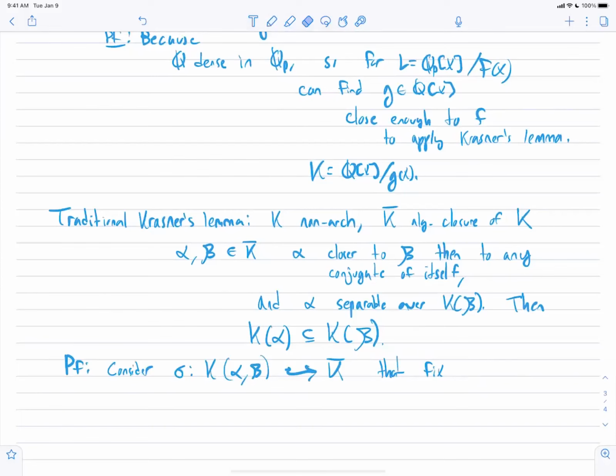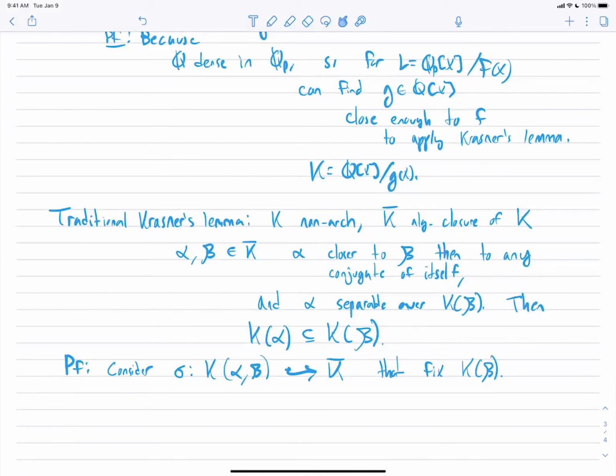By Galois theory, you just need to show that each of these sends alpha to alpha. This condition on the absolute values, and the fact that the absolute value of sigma of something is the same as the absolute value of the thing, will let you use this condition.